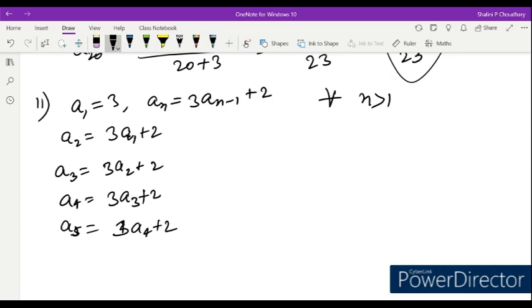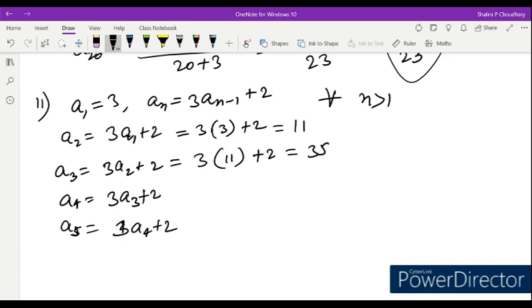Okay, so a1 is 3, so 3 into 3 plus 2 will be equal to 11, and 3 into 11 plus 2 will be equal to 35, and similarly 3 into 35 plus 2, 3 into 35 will be 105, plus 2 is 107.